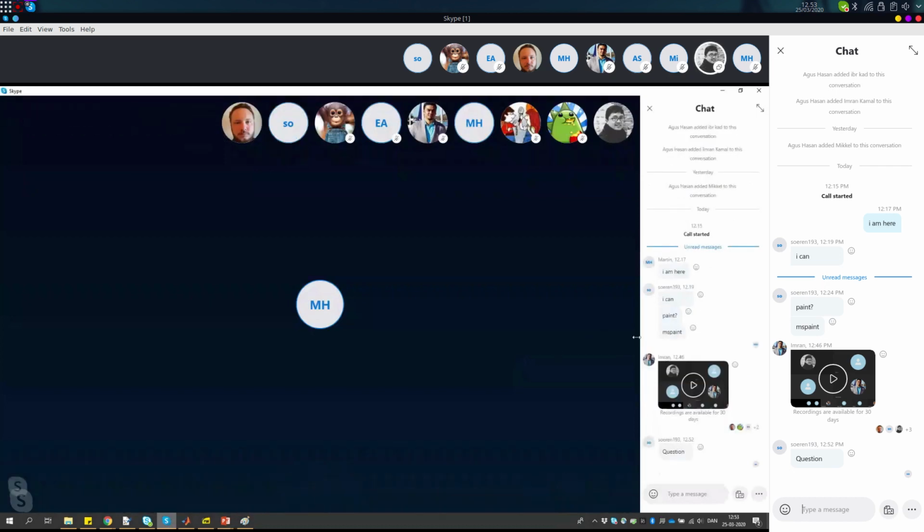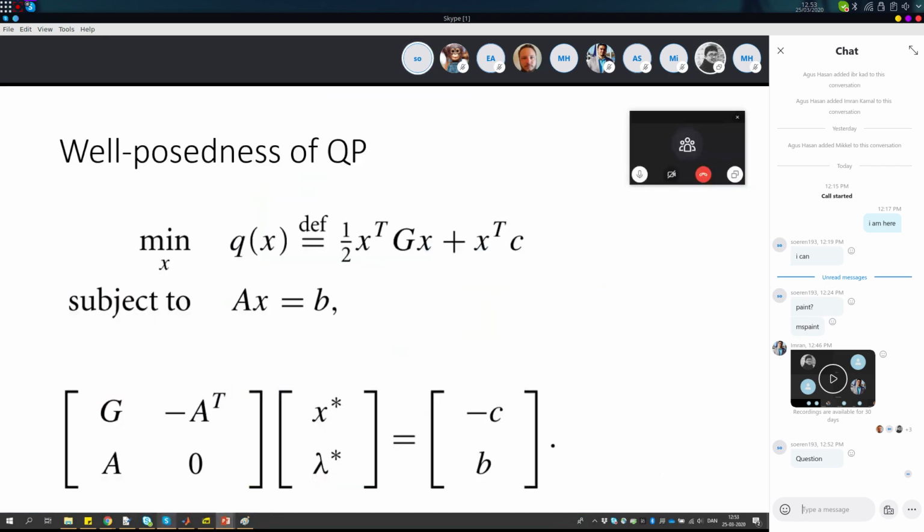Yeah, you have a question? Okay. So in the book, they say that G is the Hessian, and if the system is convex, isn't the Hessian always positive definite? Yeah, that's true. Of course G is the Hessian, because if you differentiate Q twice, then the second order derivative of Q will be equal to G, which is the Hessian.